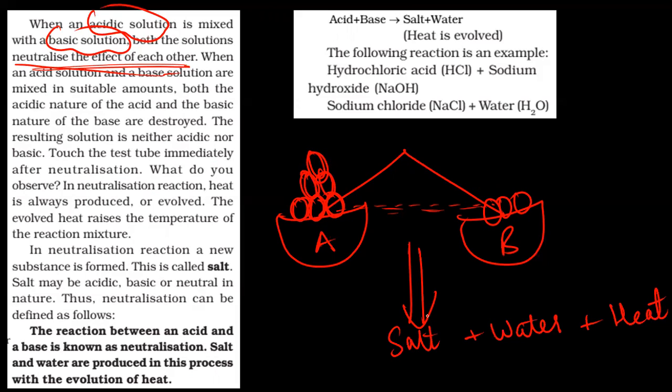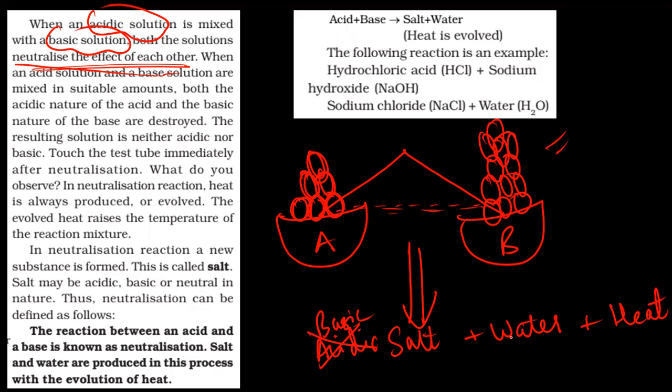In fact, the reaction is going to be called a neutralization reaction, but my salt is going to be an acidic salt. Instead, if I add many more of base, now base is more, so I'm going to be getting a basic salt. If both are equally strong, acid is equally strong, base is equally strong, or if I have a weak acid and a weak base, I will get a neutral salt.